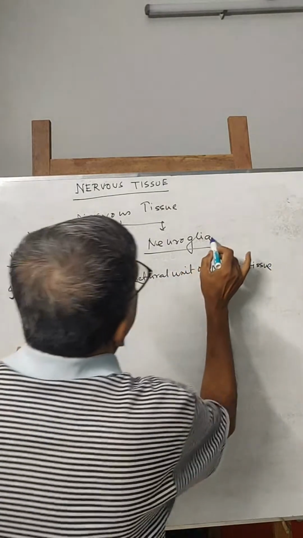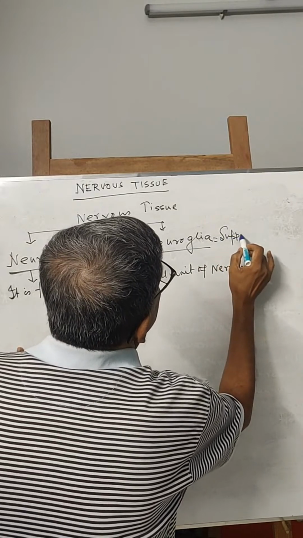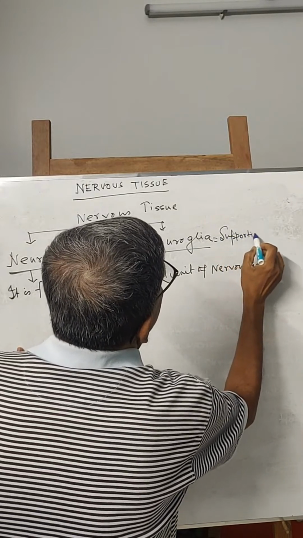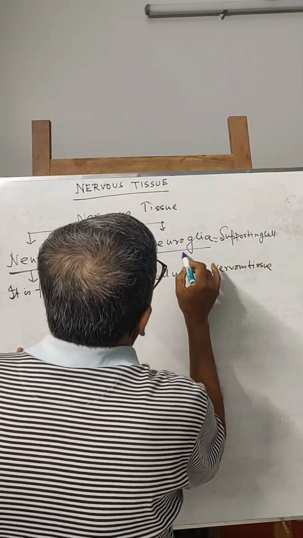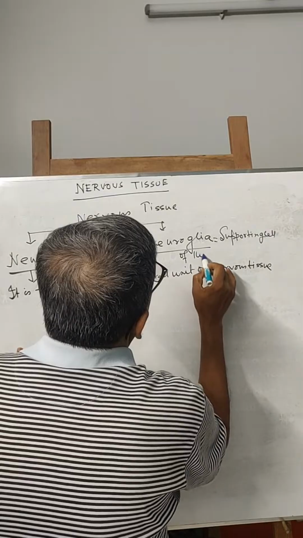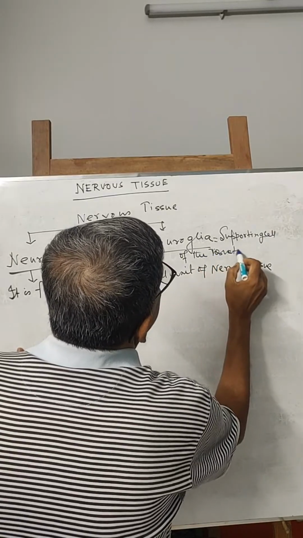Neuroglia is the supporting cell of the nerve tissue.